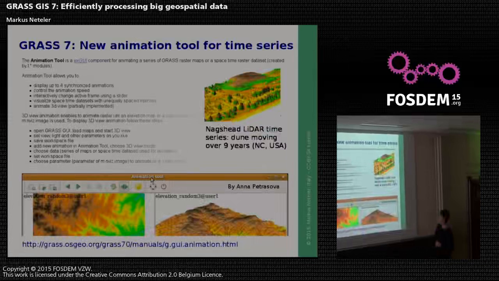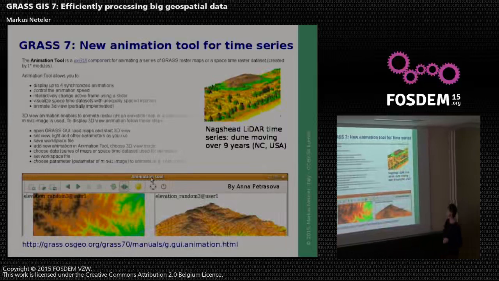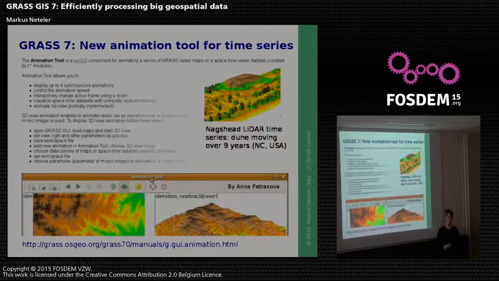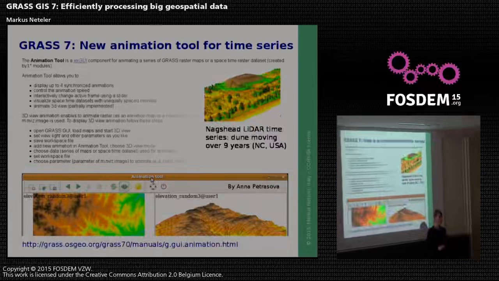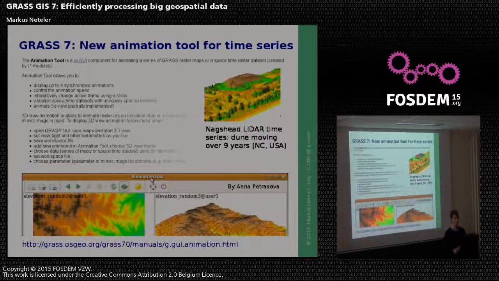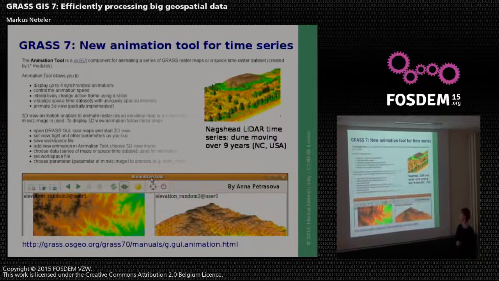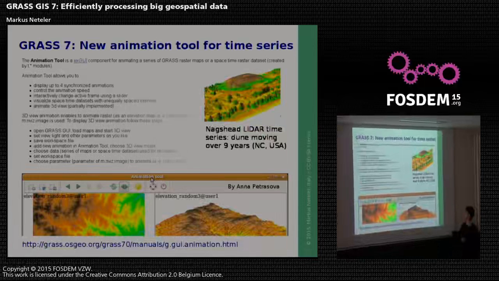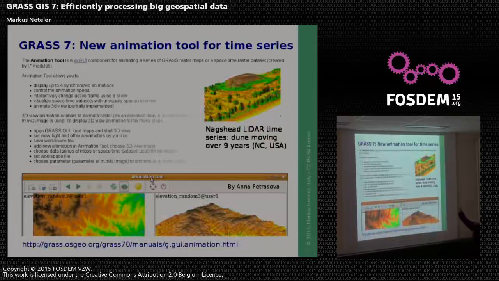There's a new animation tool included in GrassGIS 7. You see this LiDAR time series has been animated. It comes from multi-annual time series observations being done in North Carolina, the coastline. These data are publicly available. In Portland, last year we gave a workshop on that, and you can search for this data set and do the exercises yourself, so it's pretty easy to get something like this.